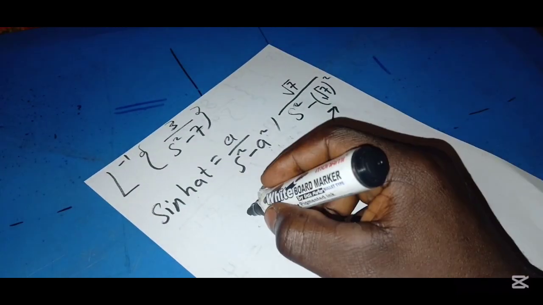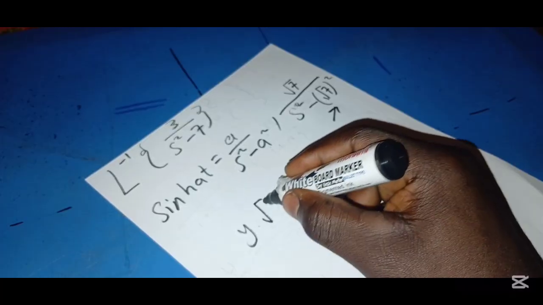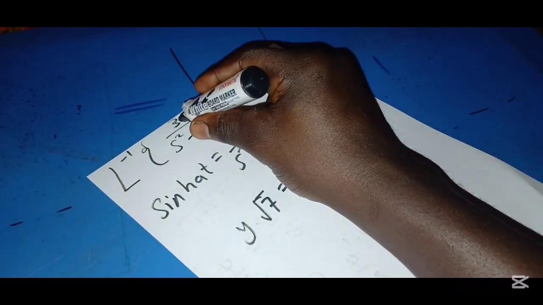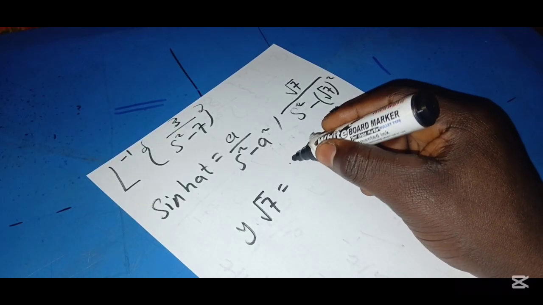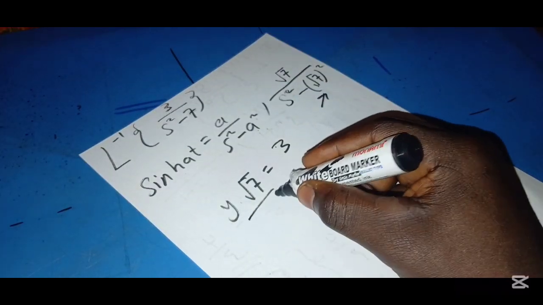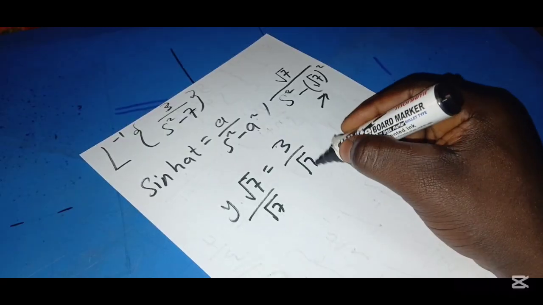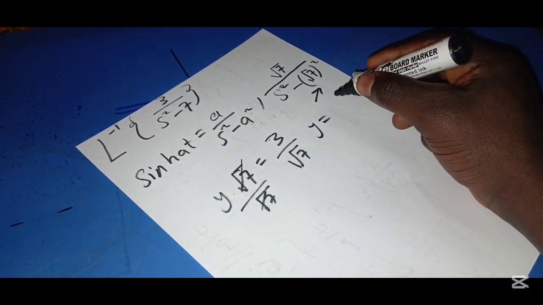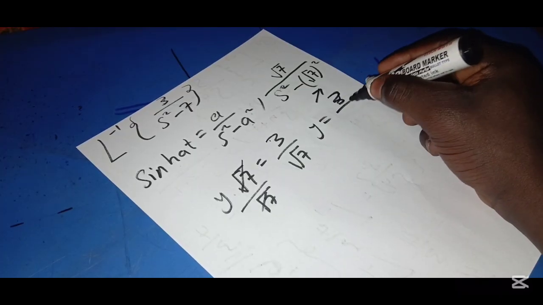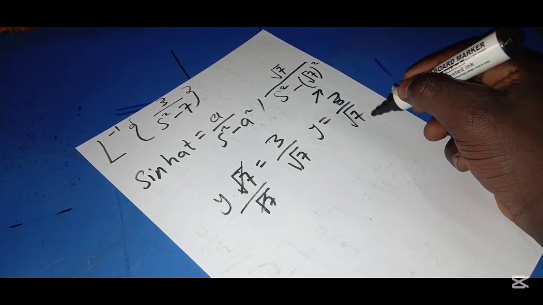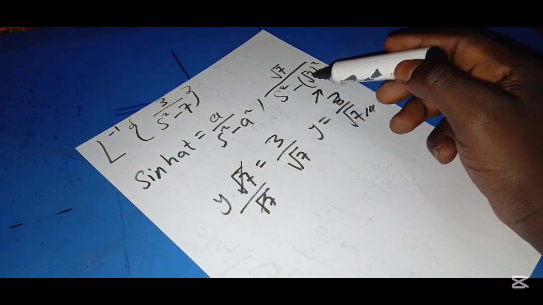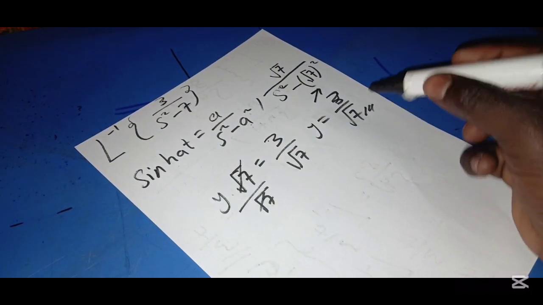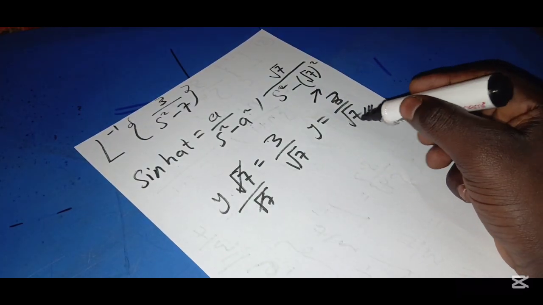So let's call that thing y multiplied by our true numerator to give us our fake numerator, which is 3. So let's divide through by square root of 7. There you see that y is clearly 3 over square root of 7. This becomes our constant. We are done with our numerator analysis and denominator analysis, and we found a constant, which is 3 over square root of 7.